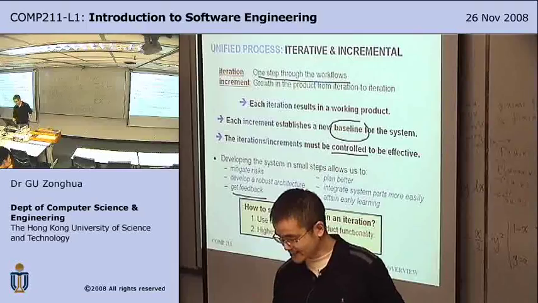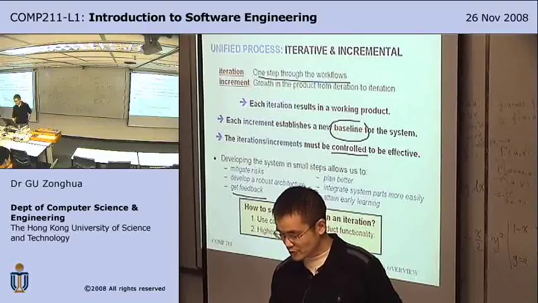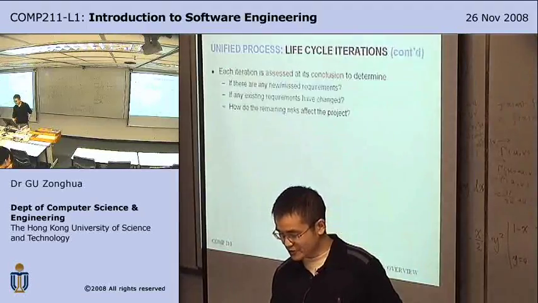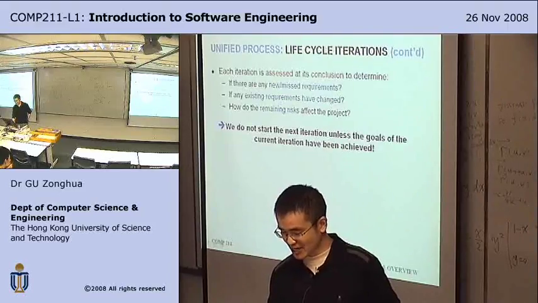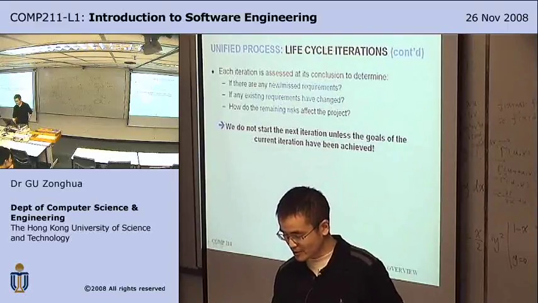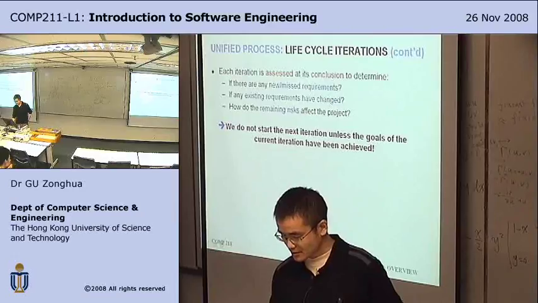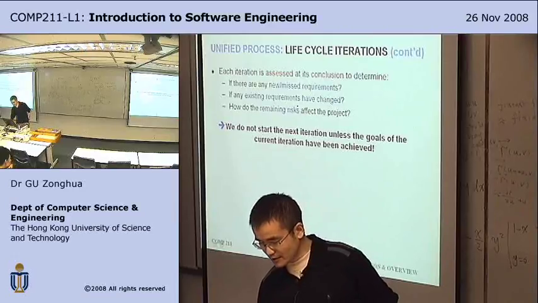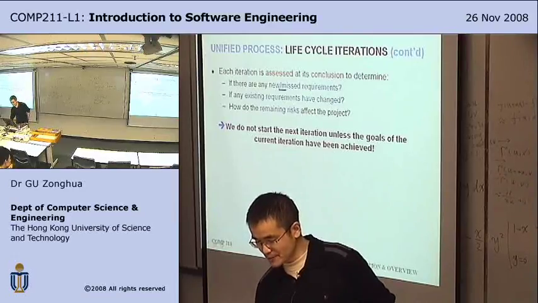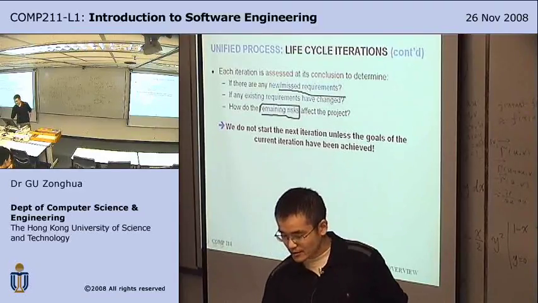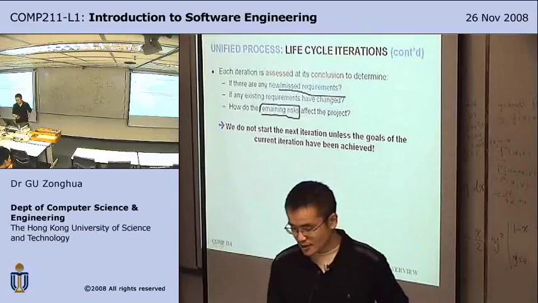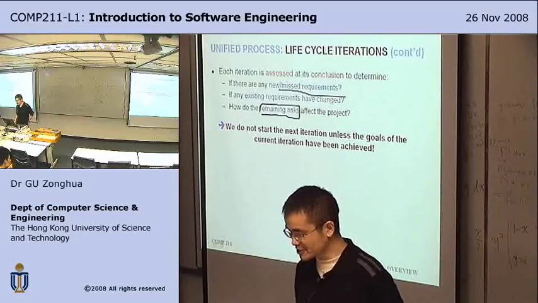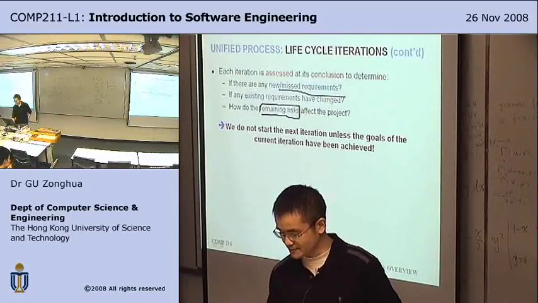So prioritize the use cases when you are trying to plan the iterations. Each iteration is assessed at its conclusion to determine what new requirements were missed and how the remaining risks affect the project. And if the risks are too great, you make a go no-go decision, like in the spiral process.